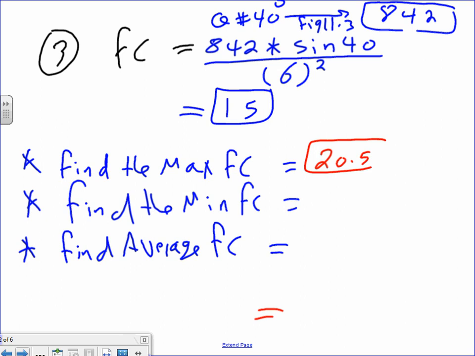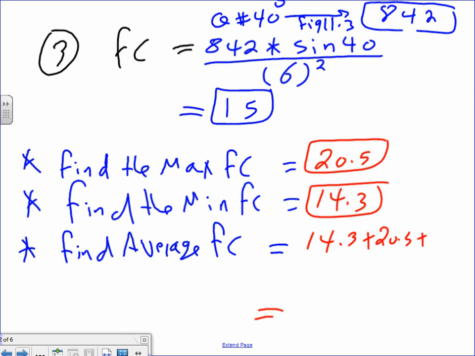That's my maximum, the largest number. Find the minimum foot candle: 14.3 foot candle. Find the average foot candle. How do you do the average if you have 3 values? Add, divide by the number. So that will be 14.3 plus 20.5 plus 15, divide everything by 3.